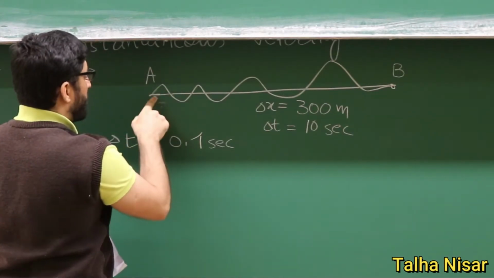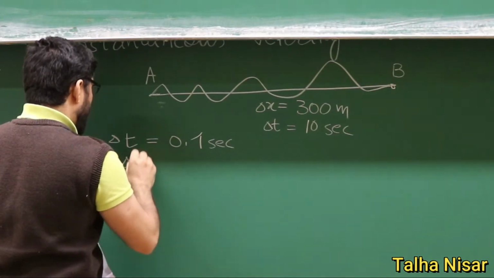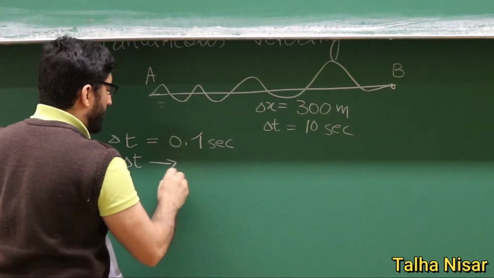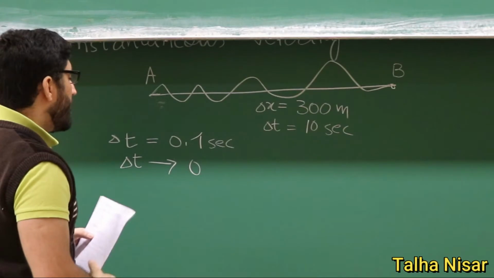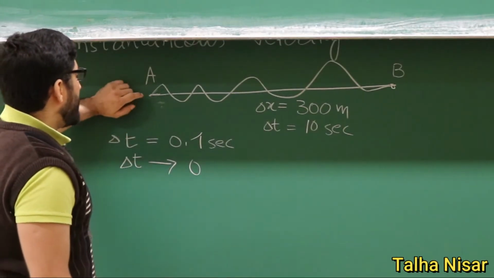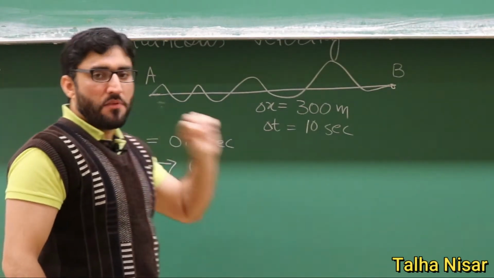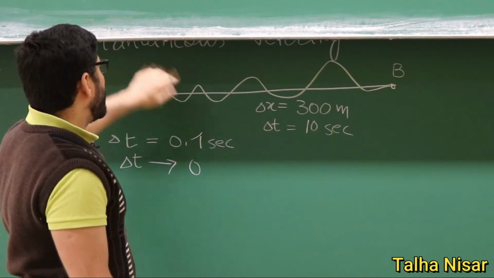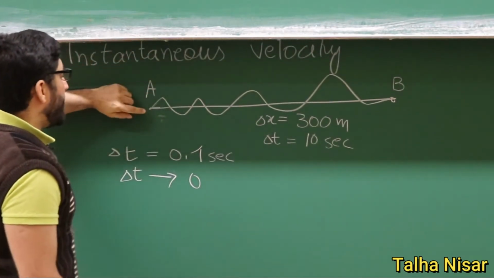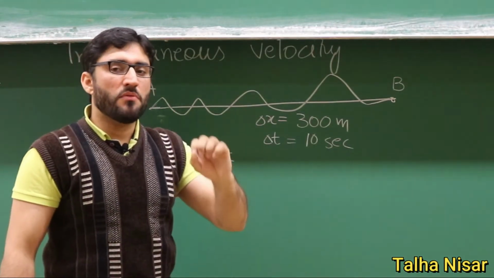If we take this even smaller, approaching, for example, 0, then we can calculate the velocity at each and every point. And that's called the instantaneous velocity. Instantaneous velocity means the velocity at each and every point.